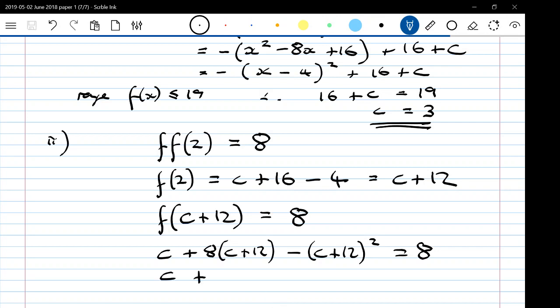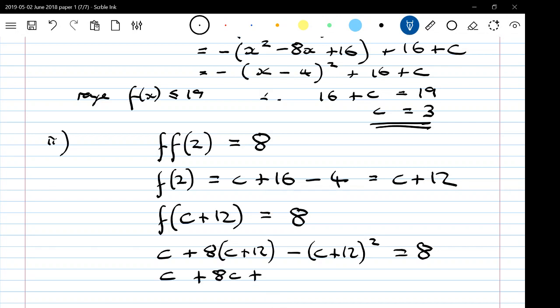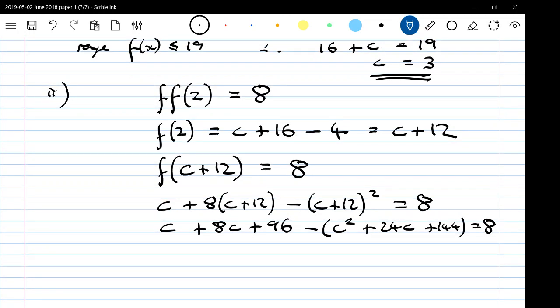So c plus 8c plus 96, minus c squared plus 24c plus 144 is equal to 8. Collecting like terms together, it's not very nice, is it?